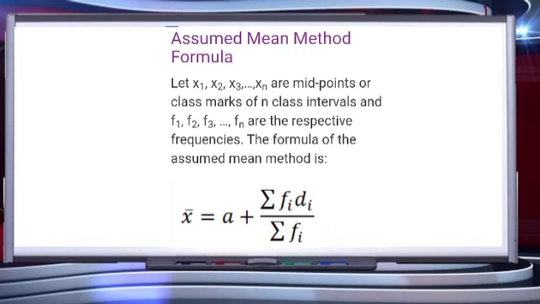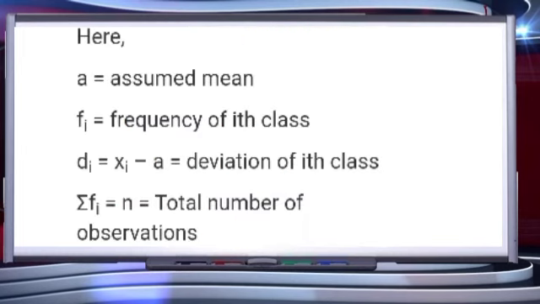So the difference between the direct method and the assumed mean method is that in the case of assumed mean we need to find one extra column, that is di. Now next let us know what di is and what a is and how to calculate them in the table. Here a is the assumed mean, fi is the frequency of that class, like f1 is the frequency of the first class, f2 is the frequency of the second class.